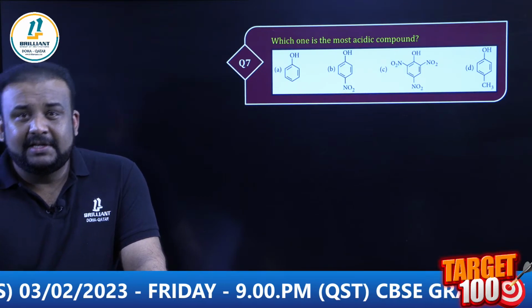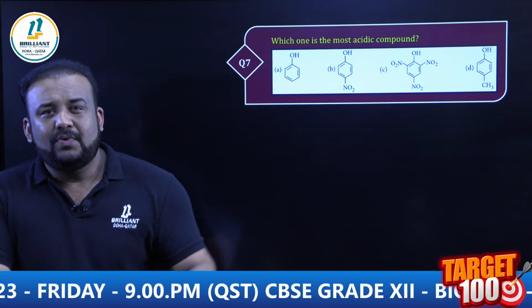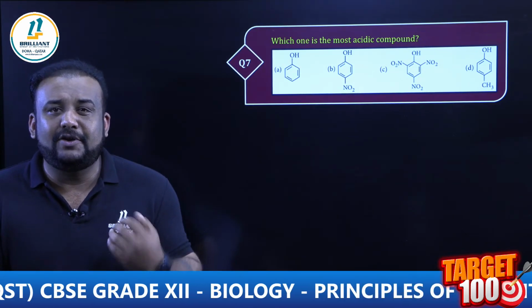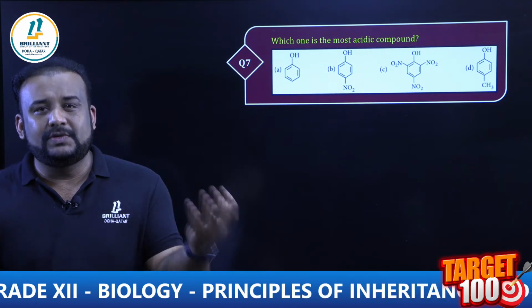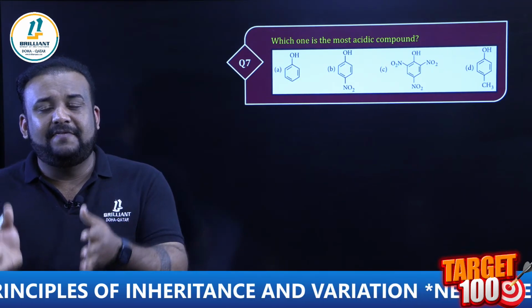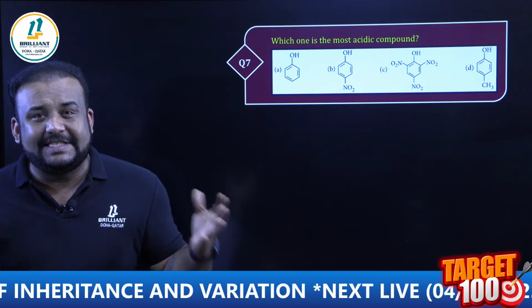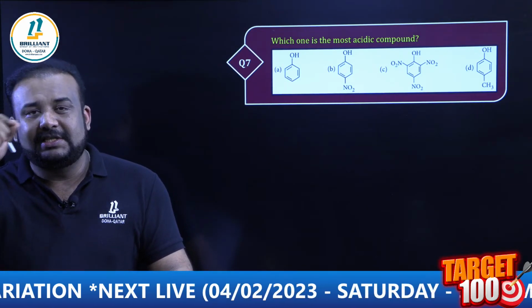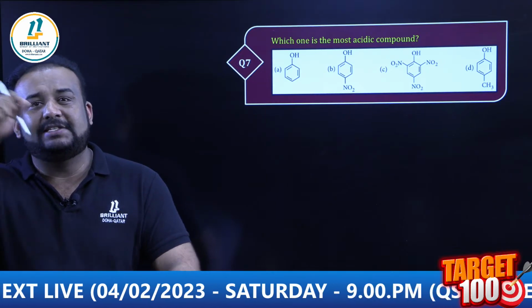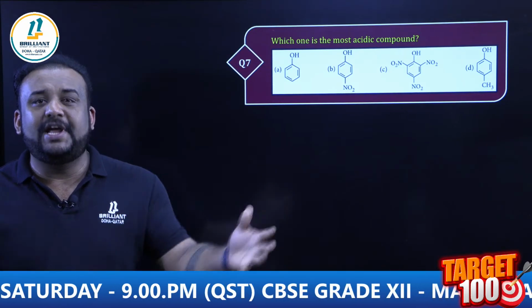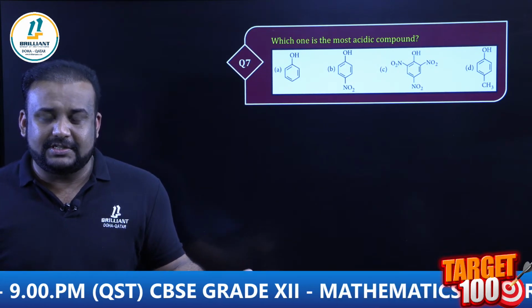Yes or no? Now, let me ask you, why are phenols acidic? The very reason why phenols are acidic is once they lose the proton, they become phenoxide ion, and that phenoxide ion is very much resonance stabilized. So that resonance is going to help that oxygen's negative charge to be delocalized in the ring effectively. That's the reason why phenols are willing to donate protons more than alcohols.